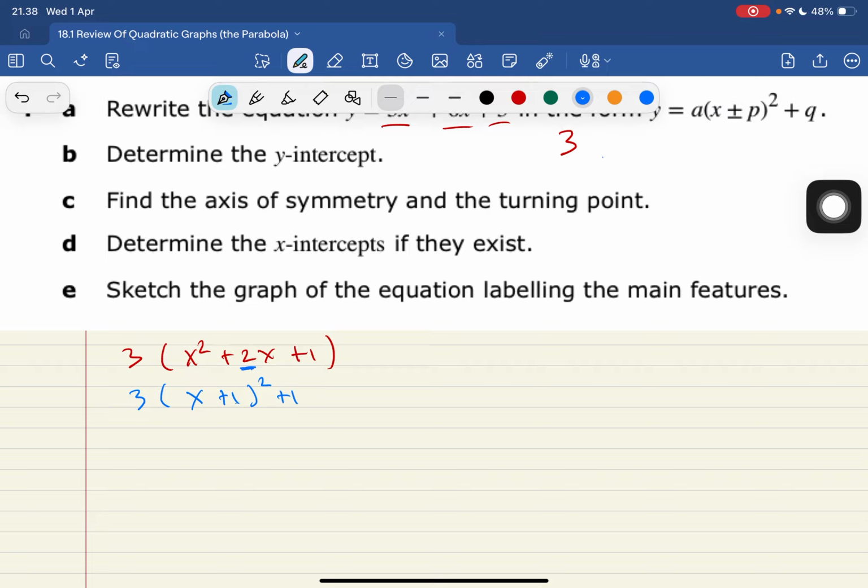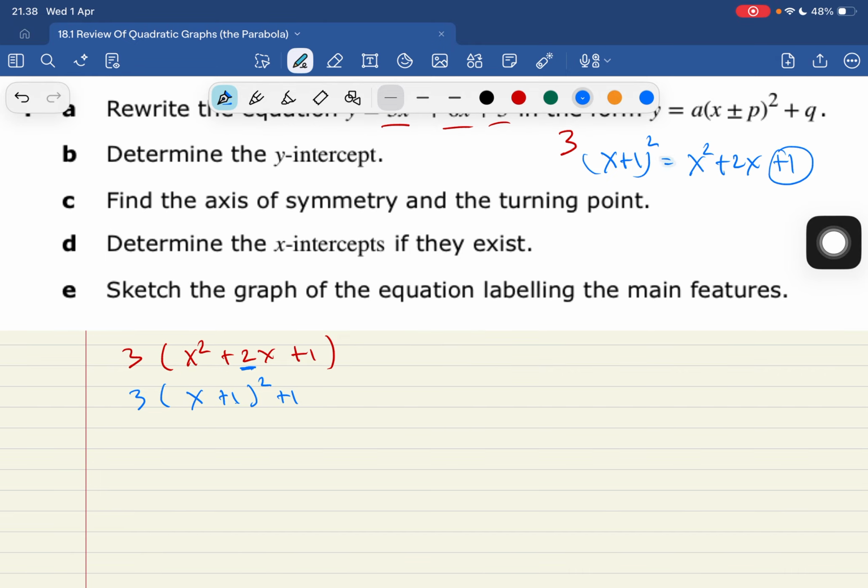We can check it from here: x plus 1 squared equals x squared plus 2x plus 1. We don't want this extra, so we have to minus 1. So it's going to be 3(x plus 1) squared minus 1 plus 1, which is 0, so we can write it as 0. Okay, this is for A.